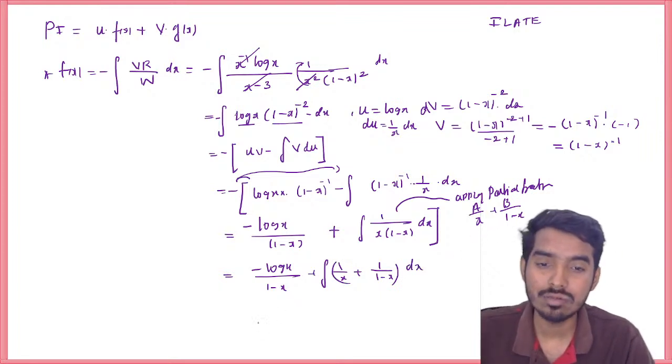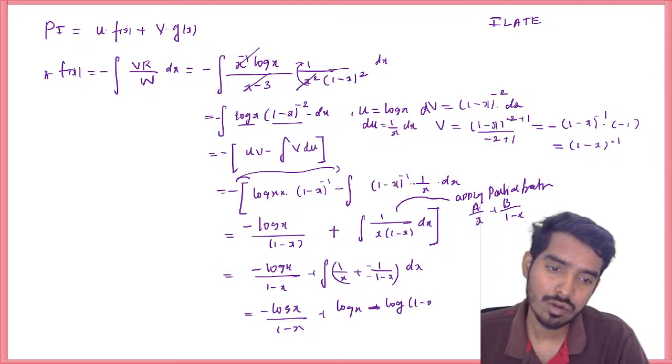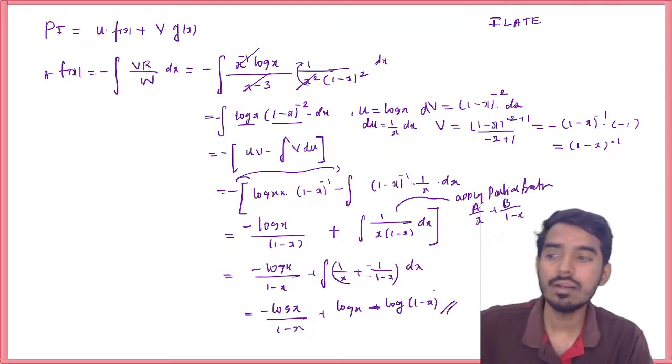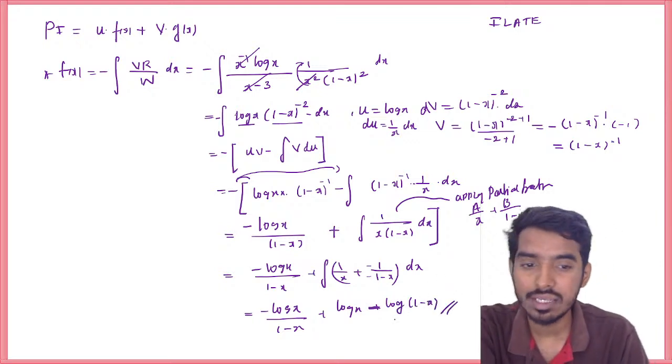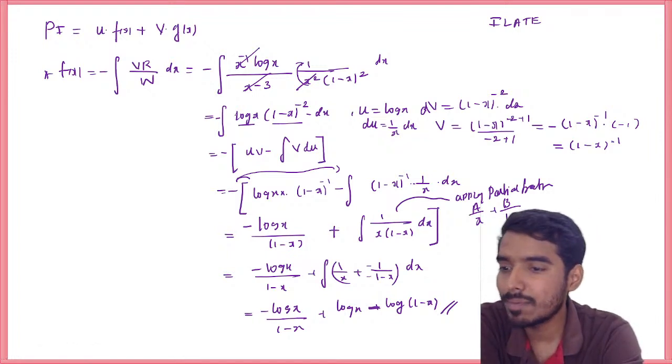We will have minus log x by 1 minus x plus log x. Here we should have its derivative. Here we should have minus 1 here, hence this is missing. We will multiply, it will be minus log of 1 minus x. Okay, this is your f of x. Very simple, right? You just applied integration by parts, that's it.